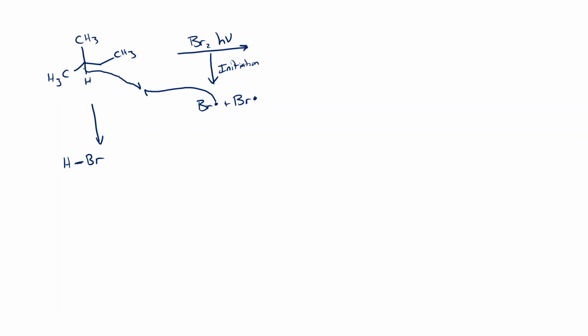Now, there were two electrons in this sigma bond, and so we have to track where the other electron goes, and that electron just goes onto that carbon. We end up with a single electron on a tertiary carbon here. This is a tertiary carbon radical.